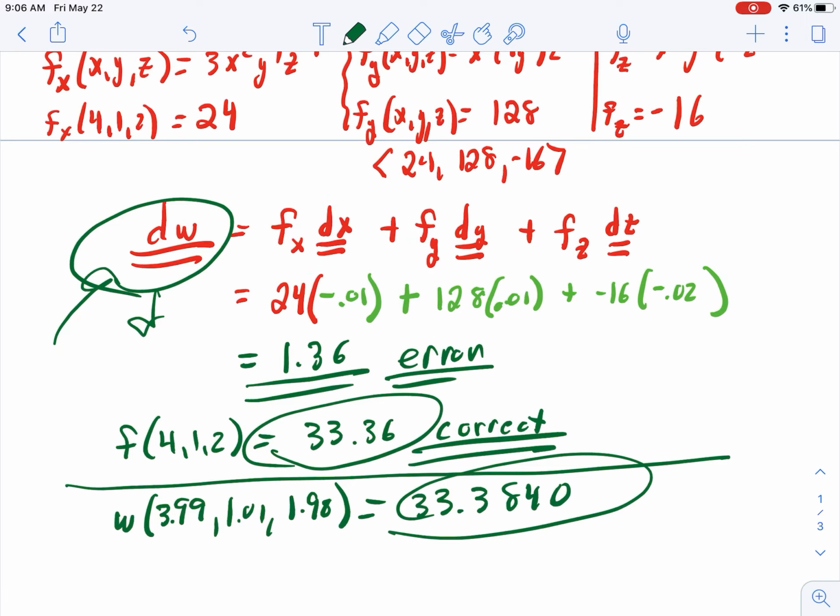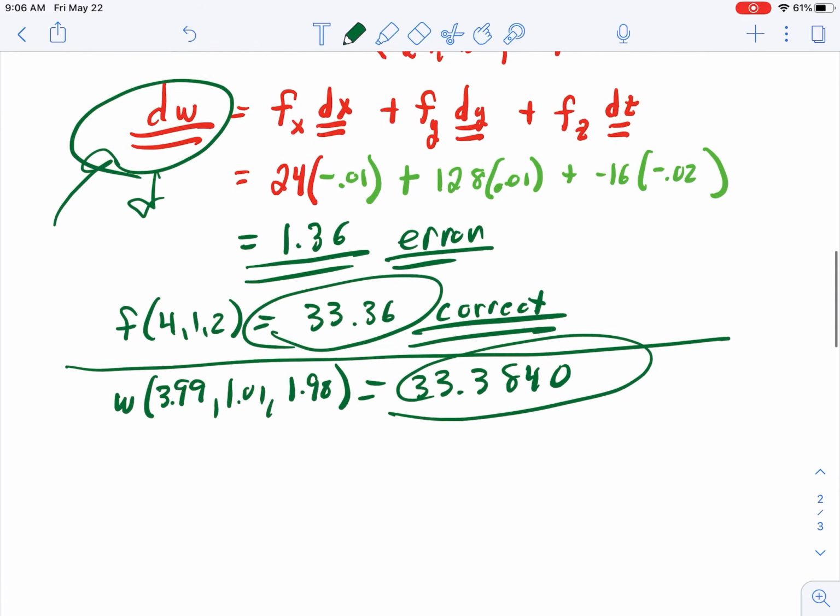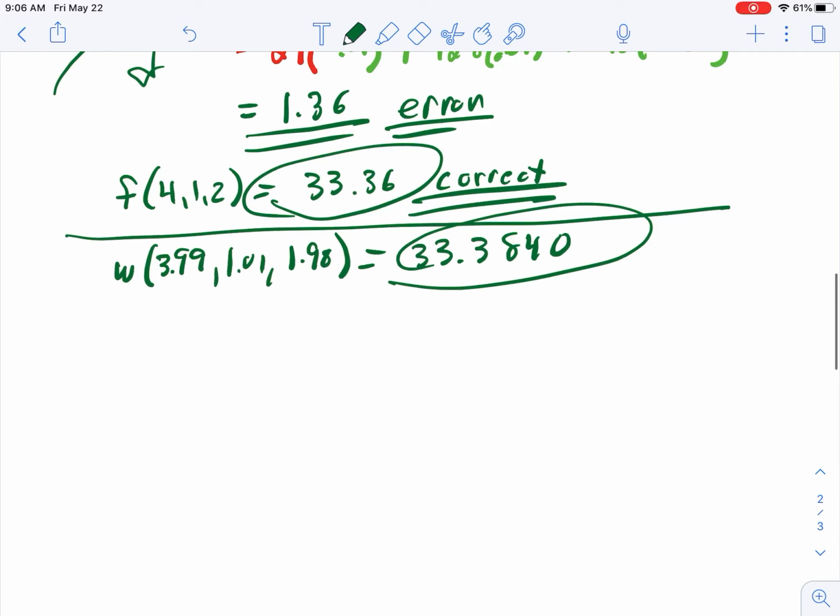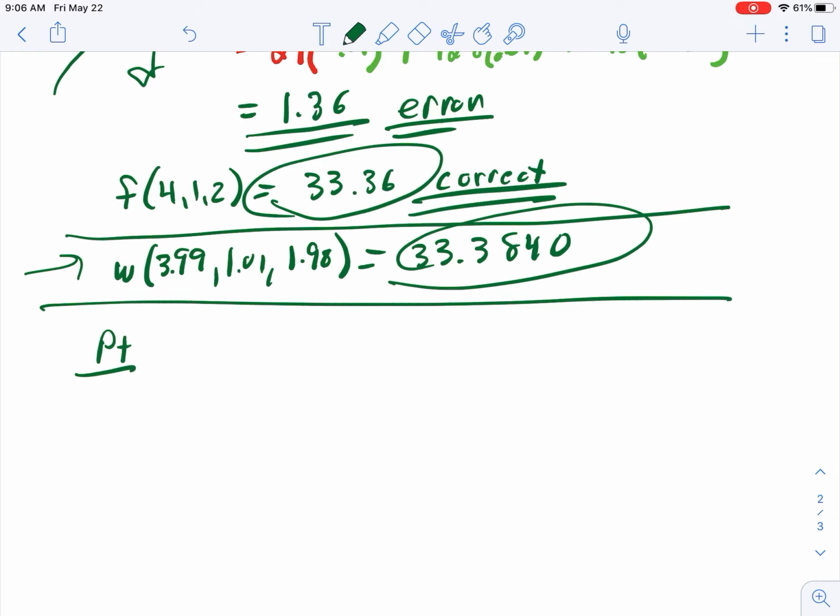Let me show this. So let's do the tangent plane with that exact same scenario here. Let me show you on that one. So we had a point 4, 1, 2, but now we have a z value of 32.